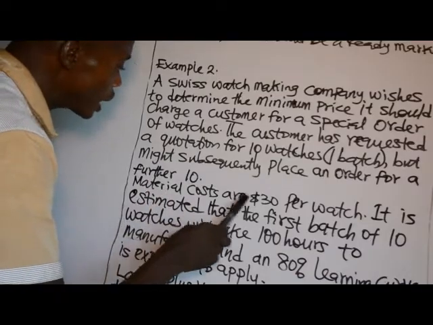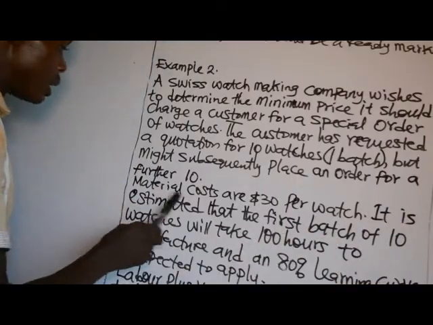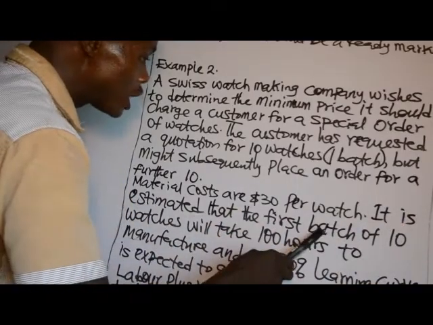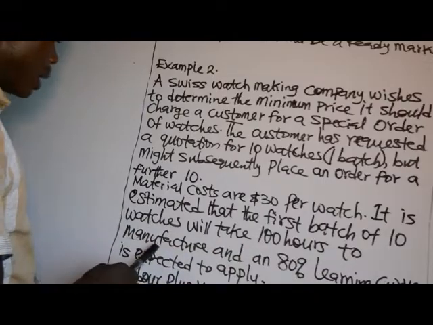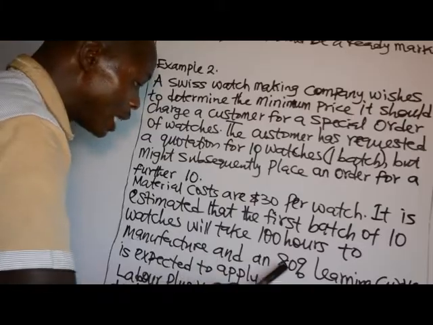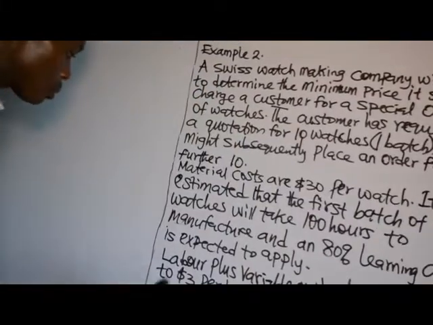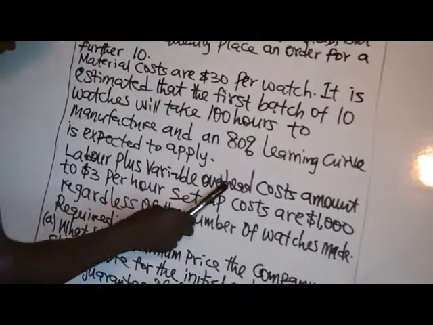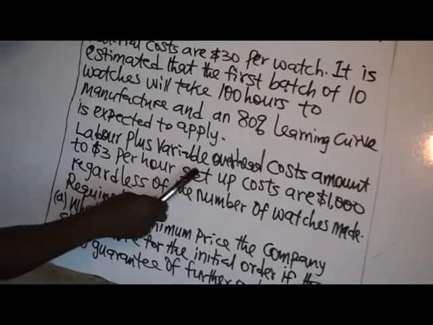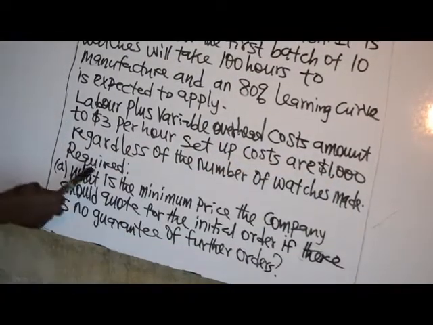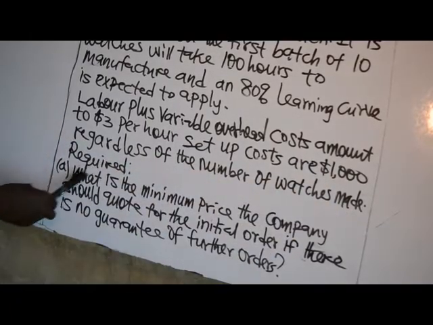Material costs are $30 per watch. It is estimated that the first batch of 10 watches will take 100 hours to manufacture, and an 80% learning curve is expected to apply. Labor plus variable overheads cost amount to $3 per hour. Setup costs are $1,000 regardless of the number of watches made.